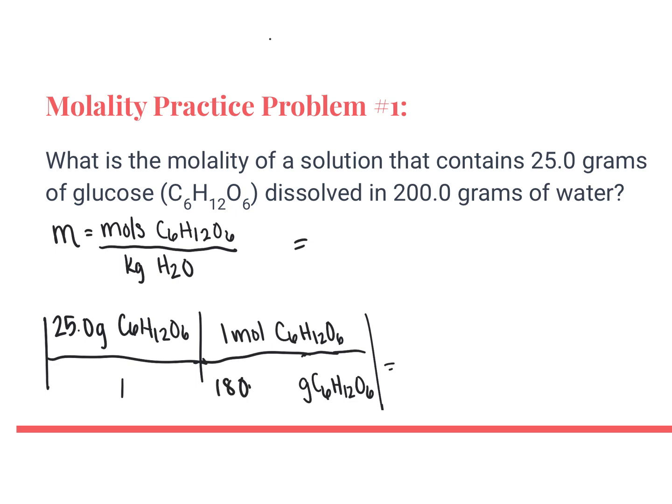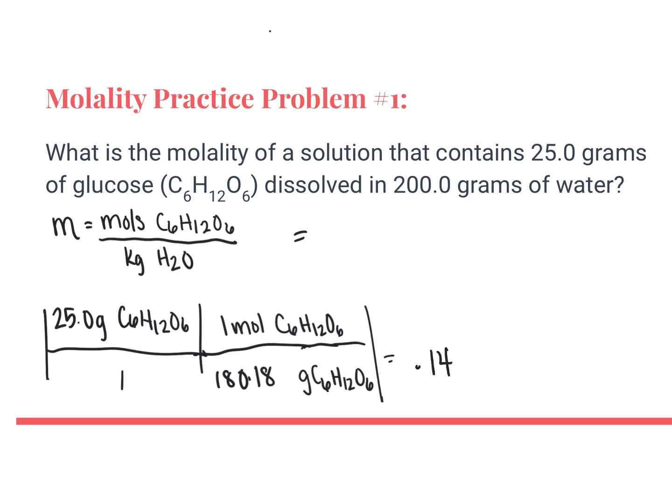Are you getting that? Okay, so then we just divide. So what's 25 divided by 180.18? It should be a tiny number. Are we getting a tiny number? 0.14? Do y'all agree? Okay, so this is our moles.